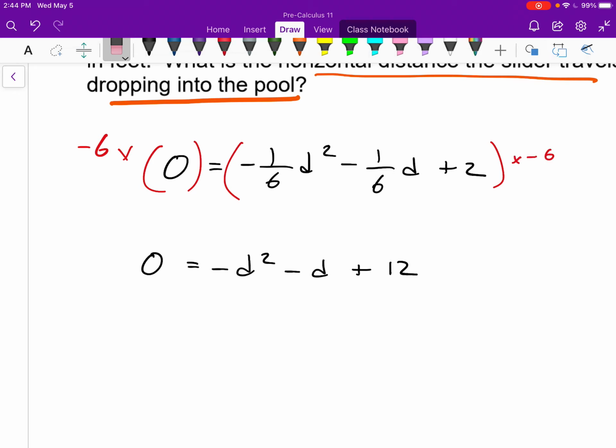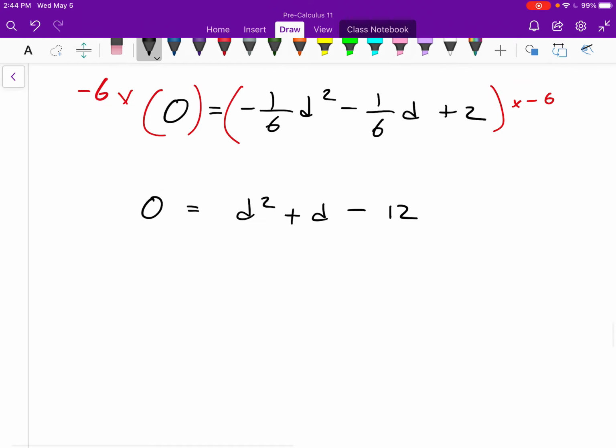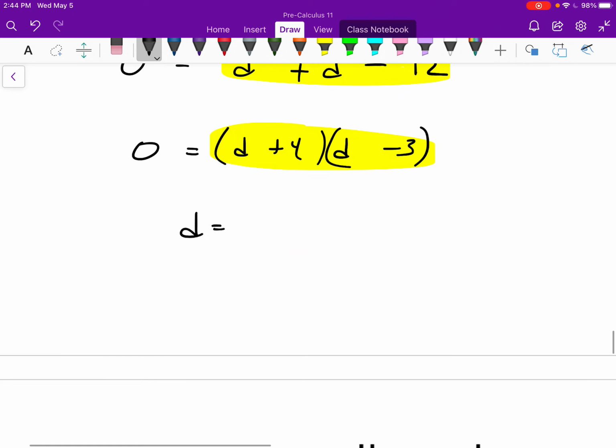If I multiply everything by -6, this becomes a positive, this becomes a positive, and 12 becomes negative. This is going to come together quite quickly now. I can factor this nicely. What multiplies to -12 but adds to positive 1? Positive 4 and negative 3. Which means by inspection, I can see that d = -4 and d = 3.